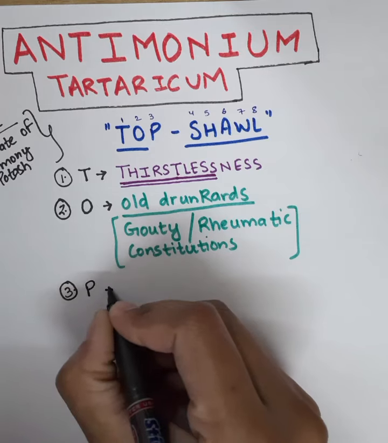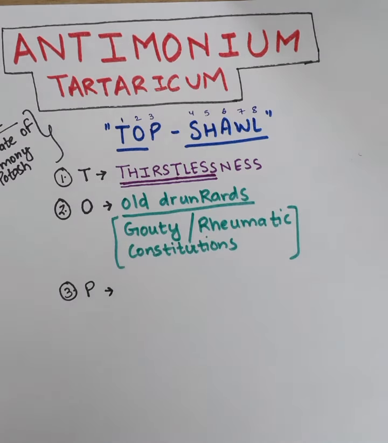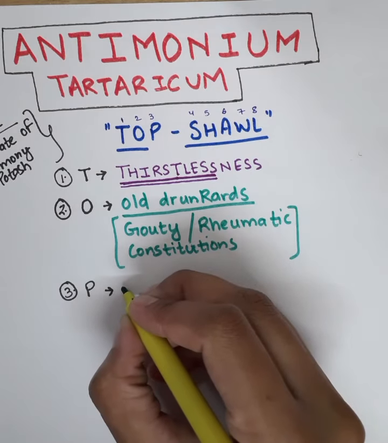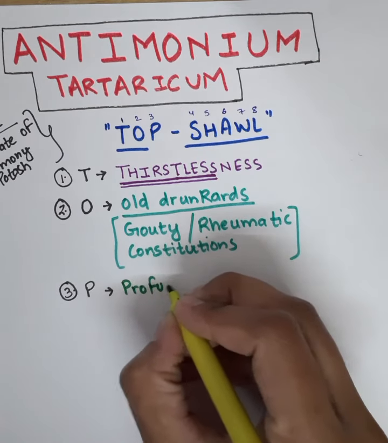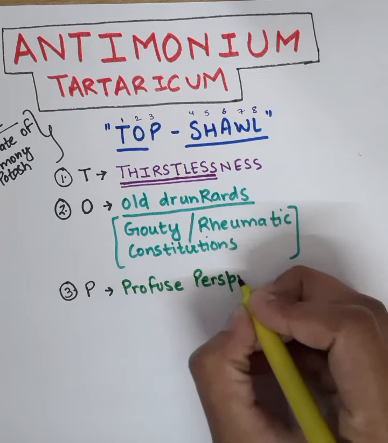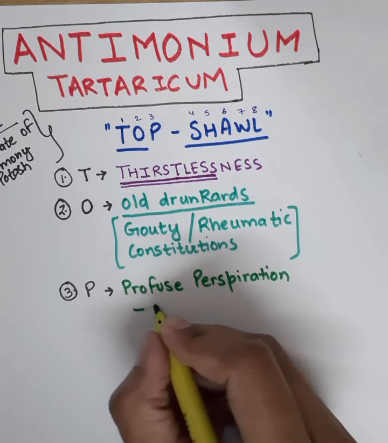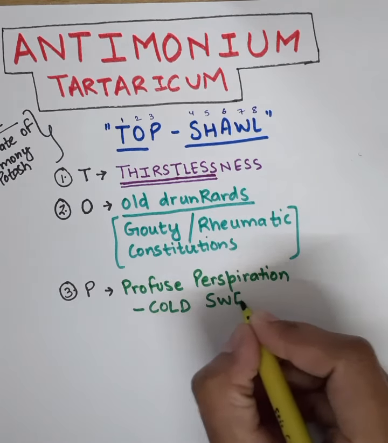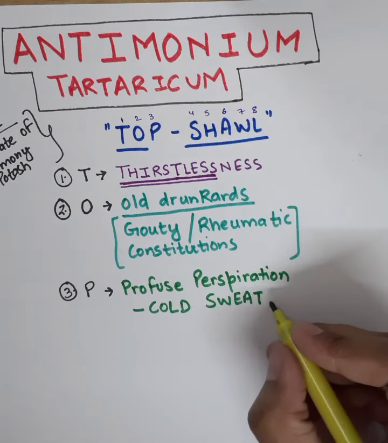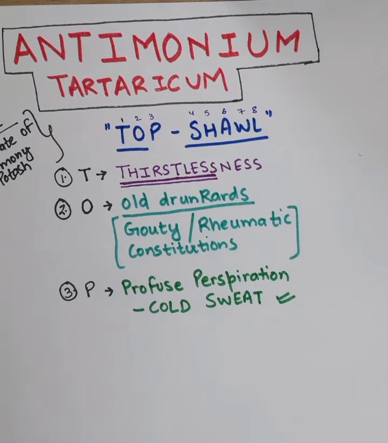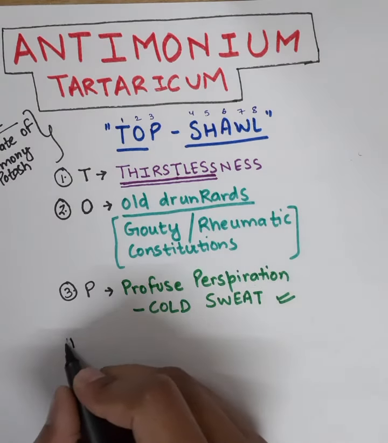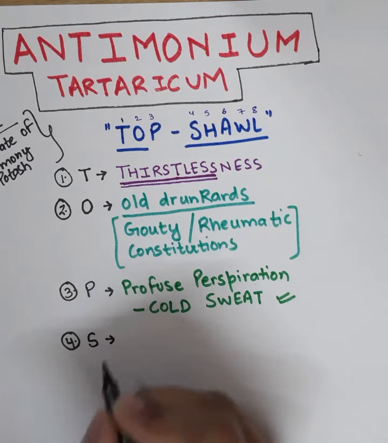Third one is P. P stands for profuse perspiration. Profuse sweat, and the sweat is cold sweat. This is an important symptom. Later I will tell you which symptoms are more important.